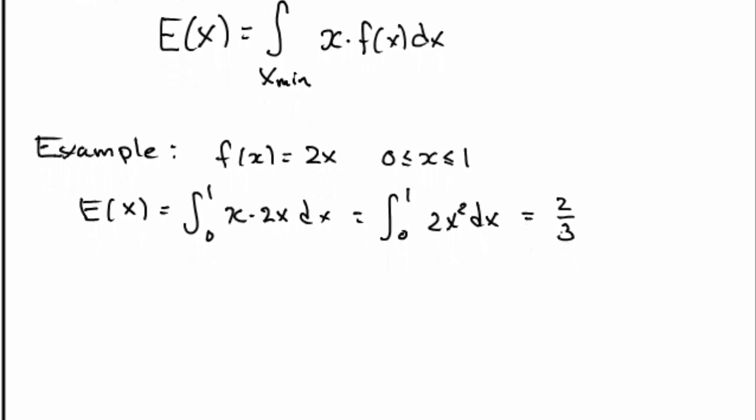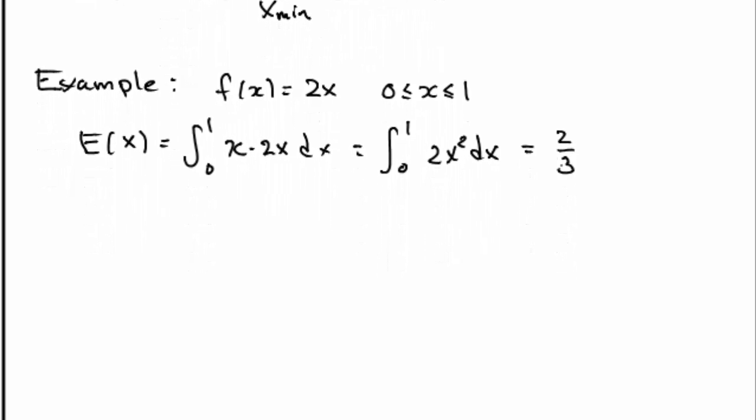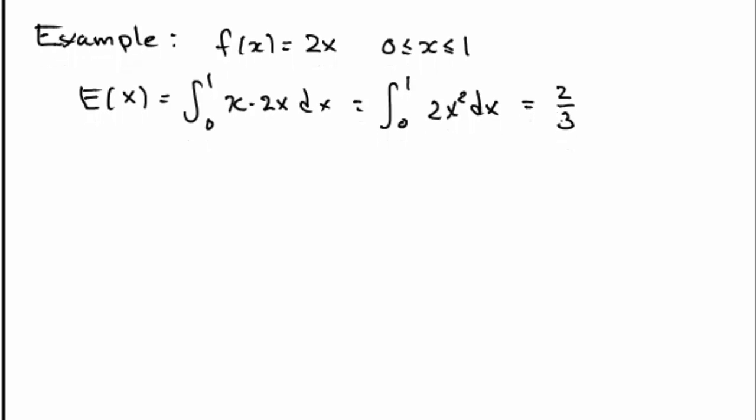So let's look at the interpretation of expected value of x. We can start with a PDF, which is just a constant. So let's say that the range is from 0 to a, where a is any positive constant. And let's begin with the case where every x in this interval 0 to a is equally likely.